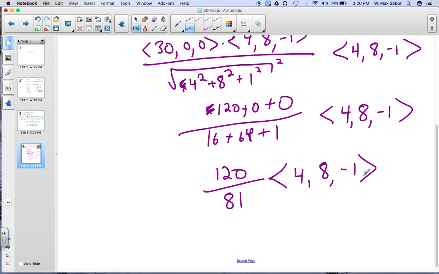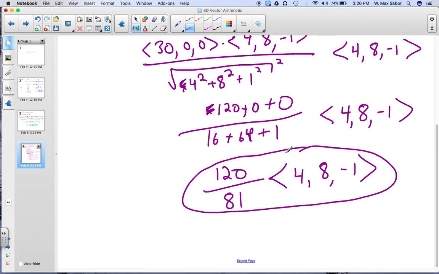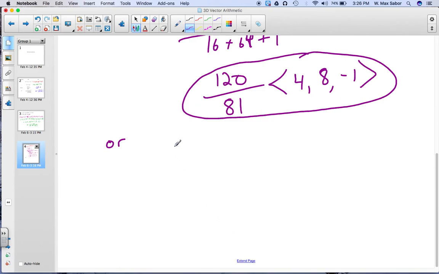And I don't think this is going to become any simpler by multiplying it in. If you want to multiply it in, you can, or you can leave it like this, depending on what the question is asking. So I'll just multiply it in because some of you like seeing it that way instead.